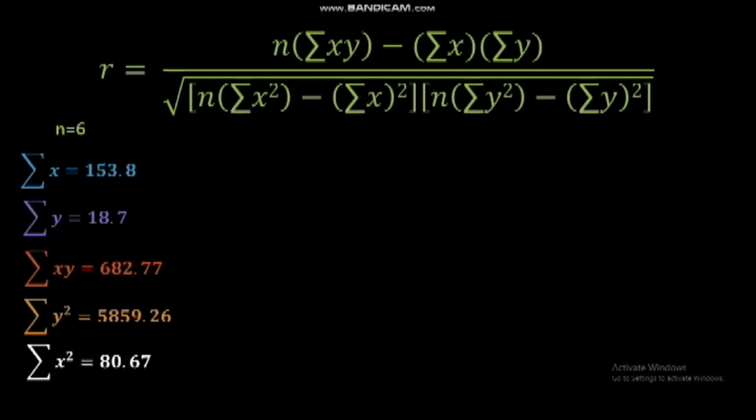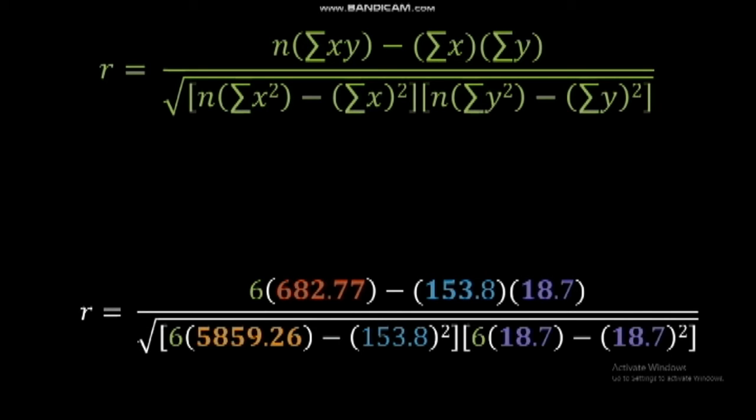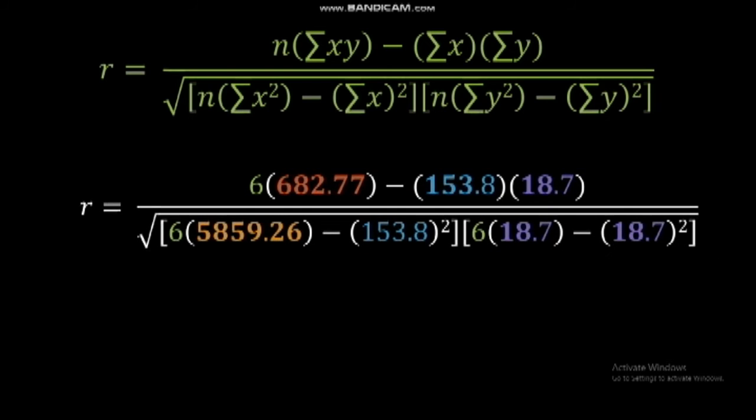We have to substitute this given data in the formula to compute the value of r. So r is equal to 6 multiplied to 682.77 minus 153.8 multiplied to 18.7 all over the square root of 6 multiplied to 5,859.26 minus 153.8 squared times 6 multiplied to 18.7 minus 18.7 squared.